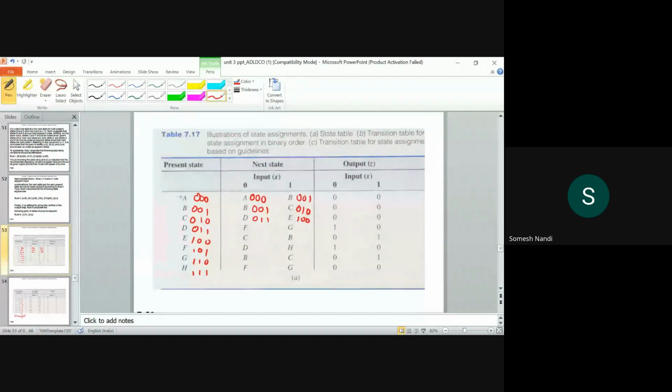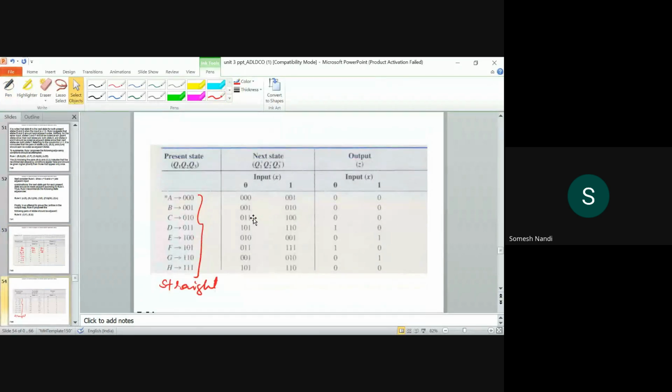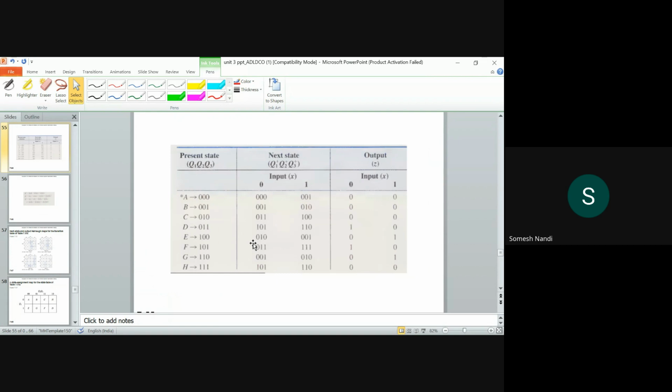Like that it is filled. This is that table that you can see. Correct? This is clear to you all. This is the second table given in your book. Next one is the one where your state assignment is applied, where they have applied the state assignment.